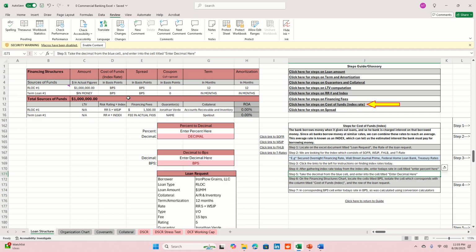So the thing about indexes is that the index is the rate that we are charged to borrow money. Remember, when we're giving out a loan, we're giving out somebody else's deposits with the bank, and we're charged a rate on those deposits, and that rate is averaged out with the rates that other banks are charged on their deposits, and we end up with an index.